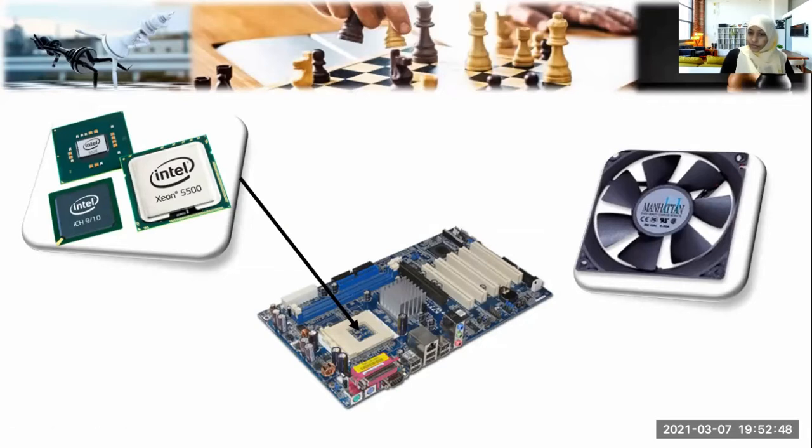I think I taught you these things last week also. I told you why this fan is fitted on the processor: because the processor does all the work in the computer and gets heated, so the processor should be cooled down. For that we use this fan.